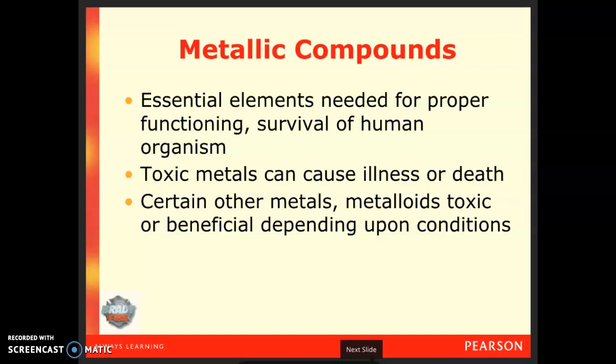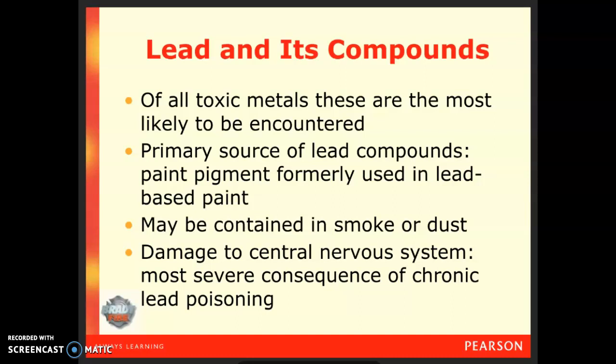Now, of these metallic compounds that have high toxicity at low doses, we tend to focus primarily on lead and mercury. And lead is probably the most common one that we can encounter. Where do we see it? Well, primarily we see lead in lead-based compounds. That is, paint pigments from lead-based paints.